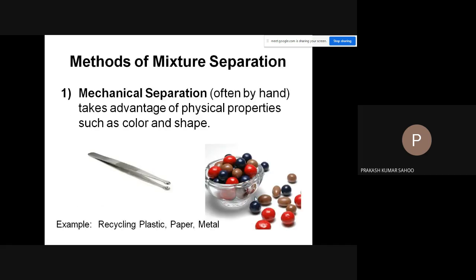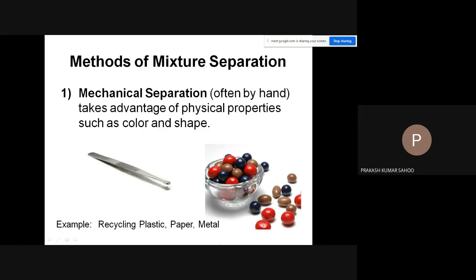Then we have mechanical separation, or physical separation. This is separation by hand. Say you have some balls or pebbles of different colors. If I tell you to separate these balls on the basis of their color, you will be able to separate them with the help of your hand very easily.